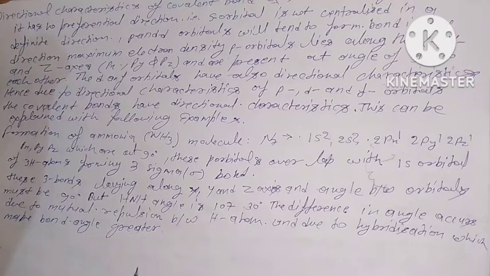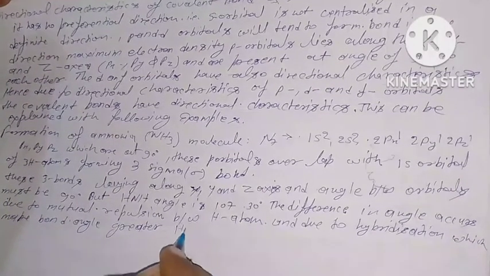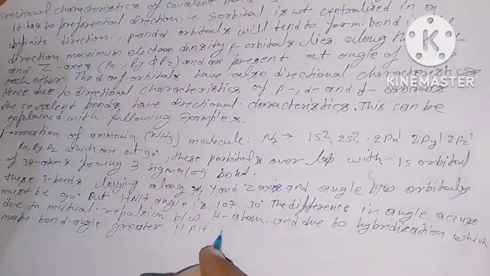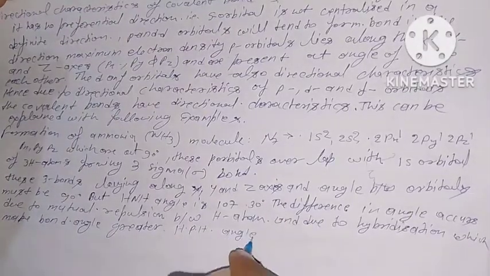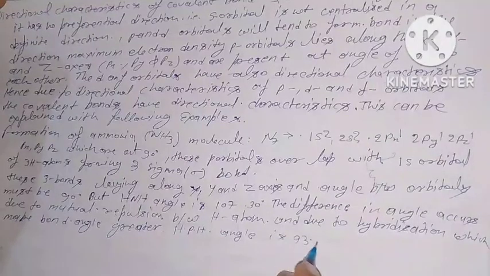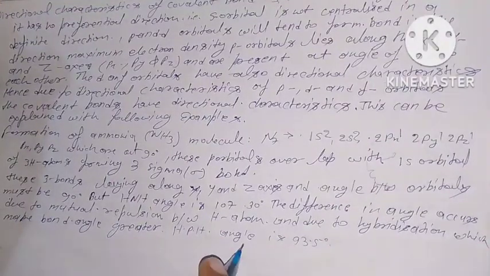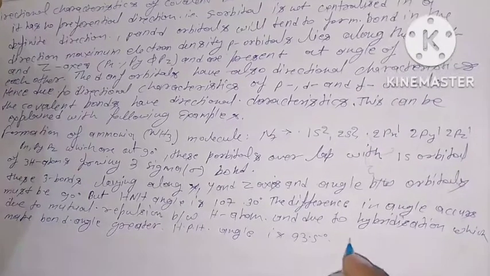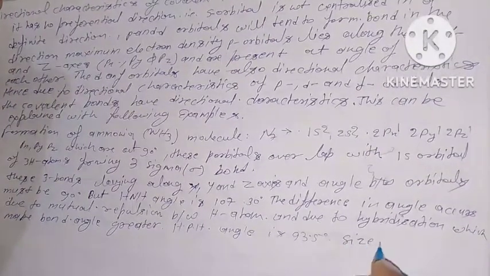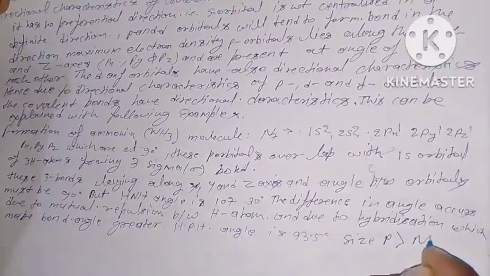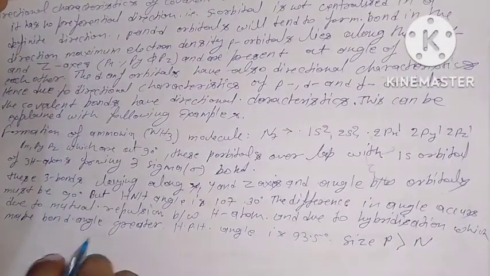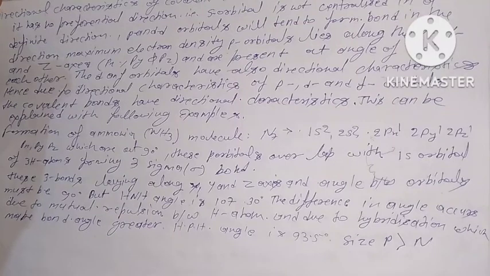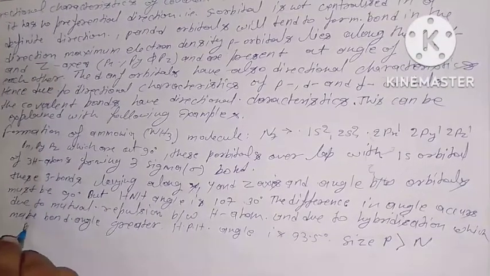In PH3 the same type of overlap takes place, but the H-P-H angle is 93.5 degrees, as the size of P is larger in comparison to N. So the P-H bond is longer than the N-H bond.